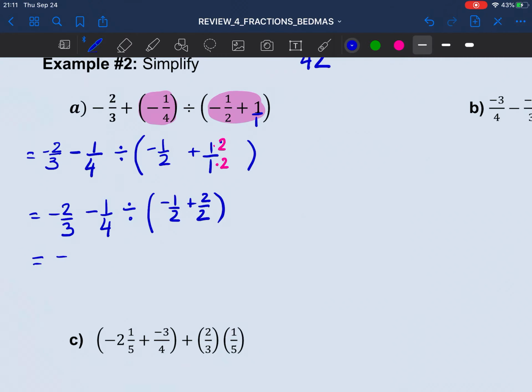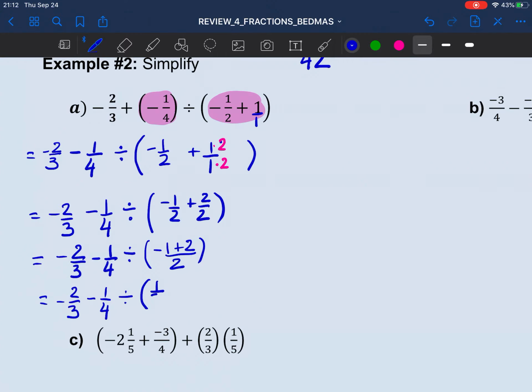We're not done with brackets yet. There is still things that we can simplify. So this would be negative 1 plus 2 divided by 2. So negative 2 over 3 minus 1 over 4 divide by, finally we're done with this, 1 over 2, right?